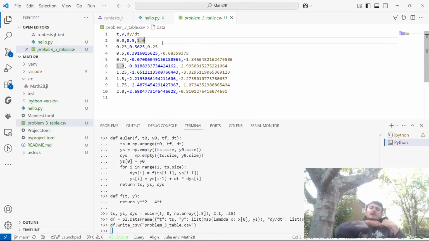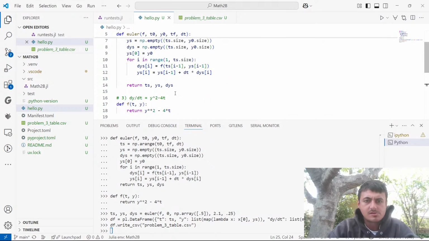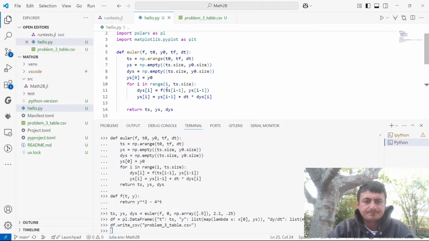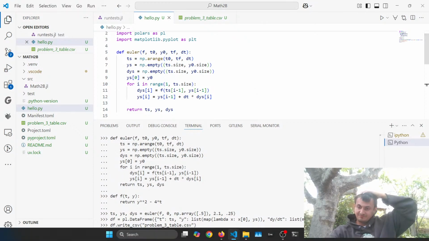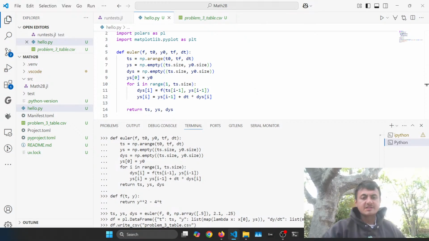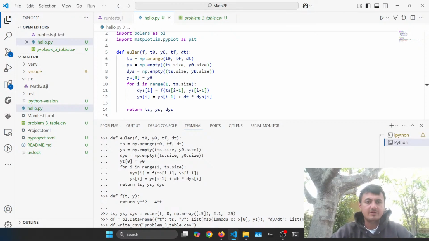dy dt is not 1 there. That doesn't make any sense, right? I don't think that's true. So it's going to be t's at 0. Man, this stuff always takes longer than you think it's going to take. It's not even that hard, but it just takes forever.